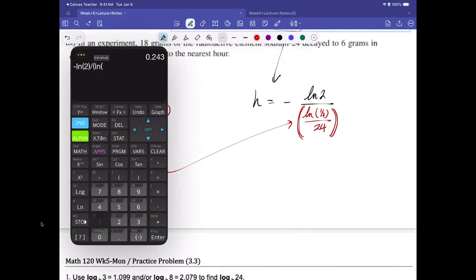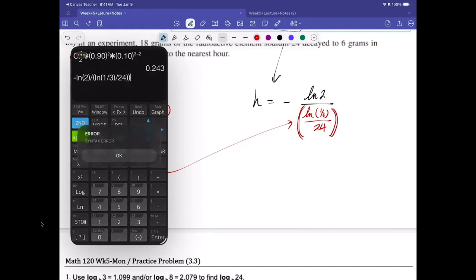And then 1/3, and then divided by 24, and then double parentheses, like that, okay? I think you better write that down if you know how to do it. And then you're going to get 15 point something.